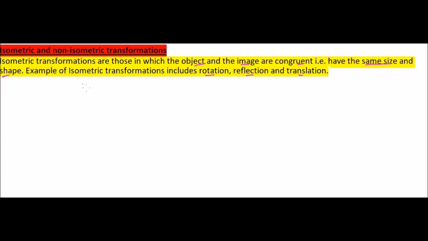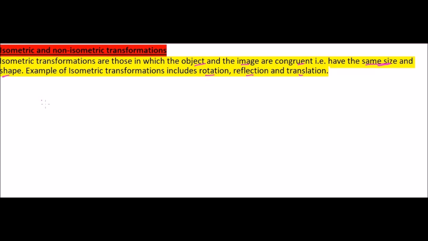Non-isometric transformations are those transformations whereby the object and the image are not congruent, meaning they are of different size and the shape changes. For example, when we stretch, the shape of the object and the shape of the image are different.